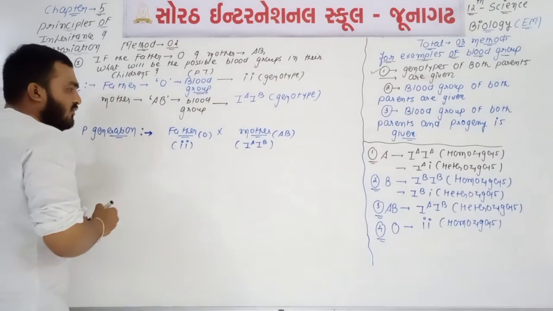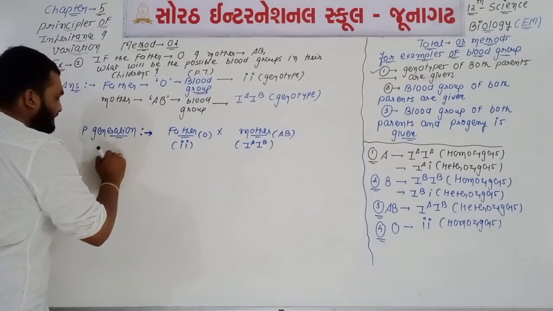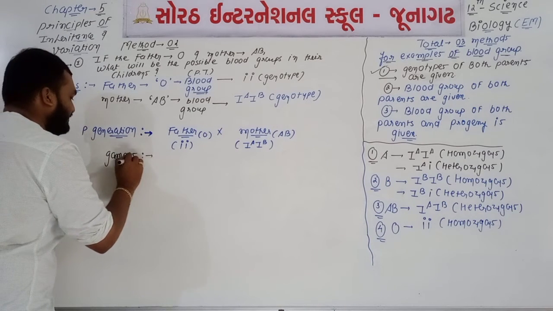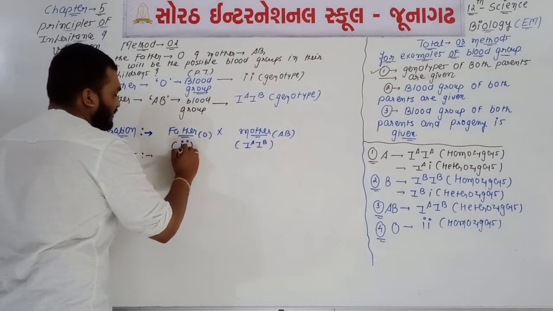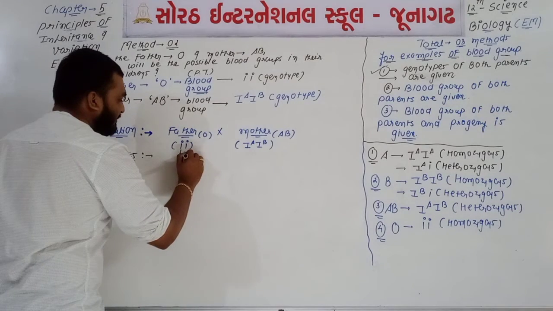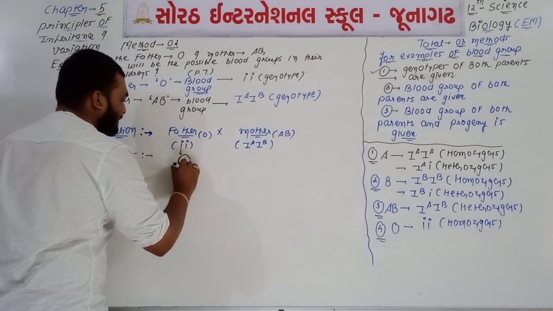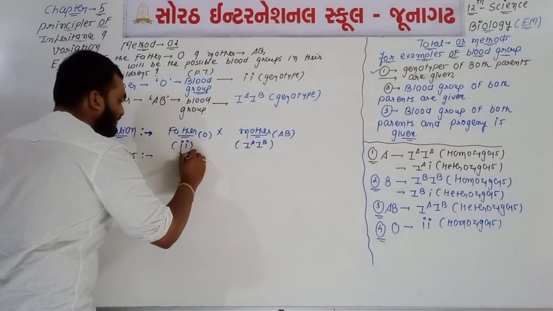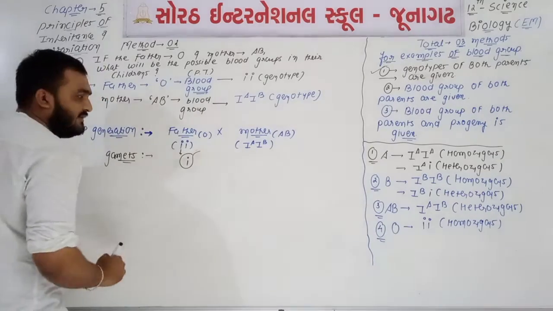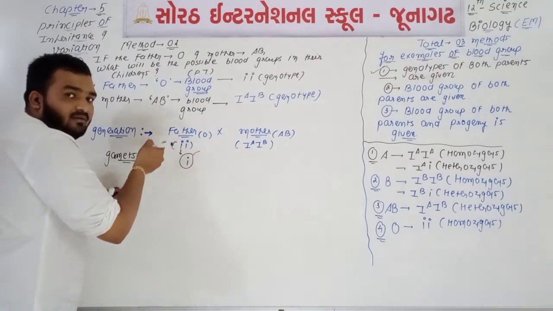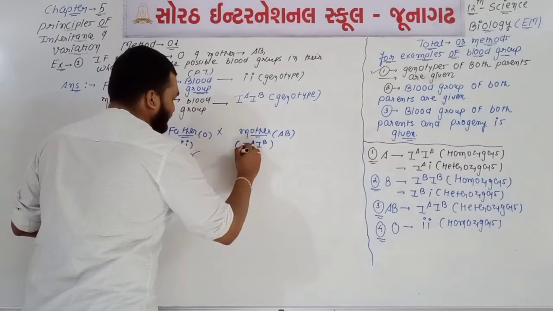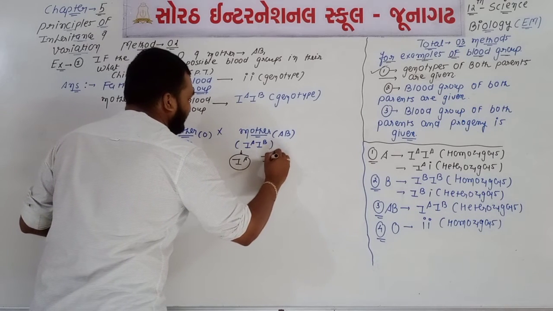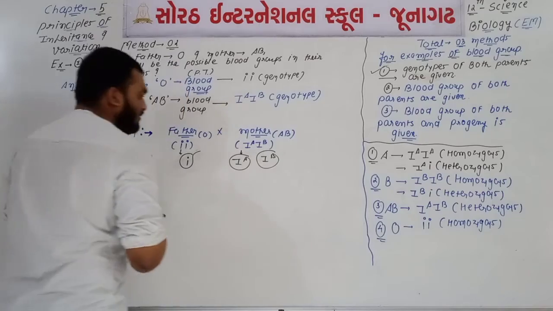Now if we are going to produce the gametes, what about the gametes of both? The homozygous one will produce the same type of gamete. Here we can say that 50% IA and 50% IB will be produced.